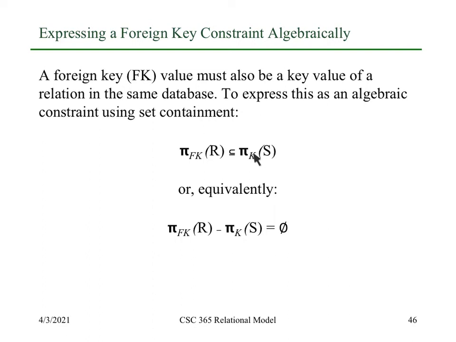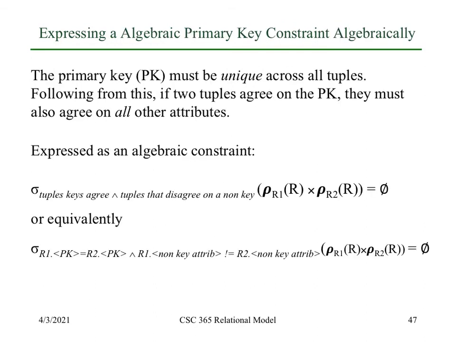It means this set contains this set. In other words, it's bigger. So if I take R's foreign keys and subtract off this bigger set, what am I left with? I'm left with the empty set. So both of these are two equivalent ways of expressing the constraint that a foreign key must satisfy.